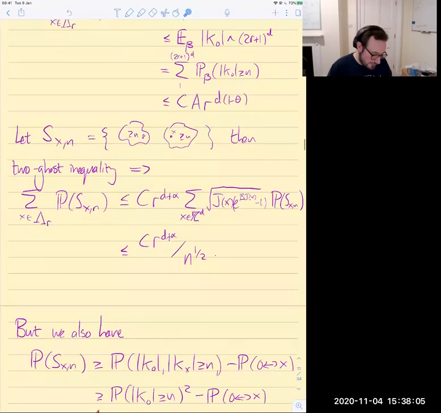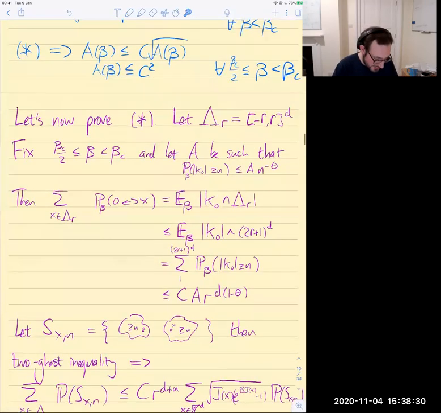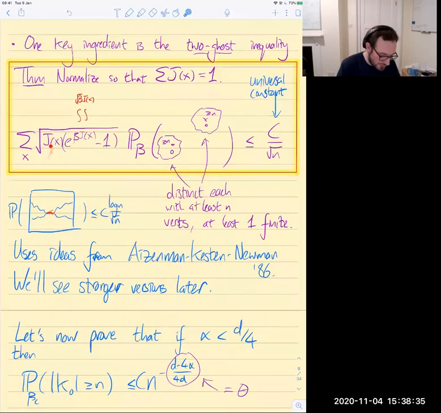Now, how are we going to use this 2-point function bound? Well, let's look at this event F x n. This is the event that the two-ghost inequality gave us control of. It's the event that the origin and x are both in clusters of size at least n, and I'm below beta c, so they're definitely finite anyway. So what does the two-ghost inequality tell us? Well, here it's a sum over all x with this prefactor depending on the j's, and then this probability.